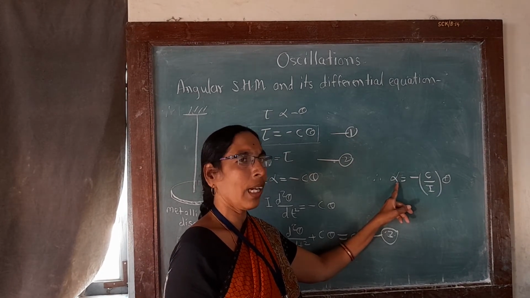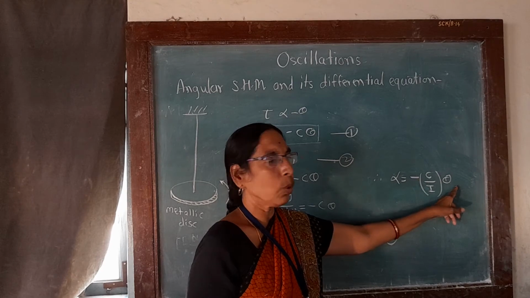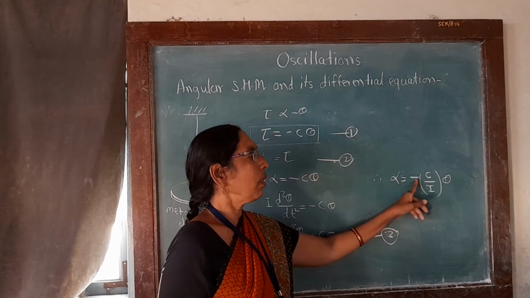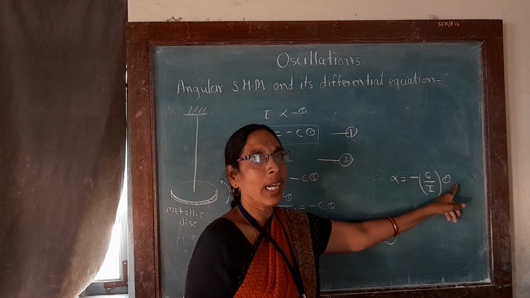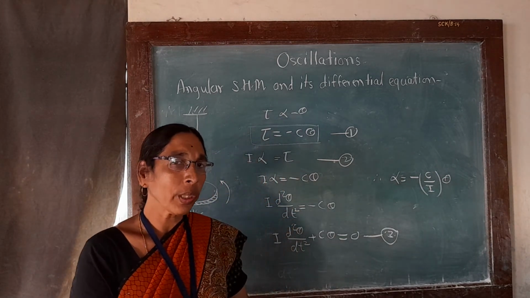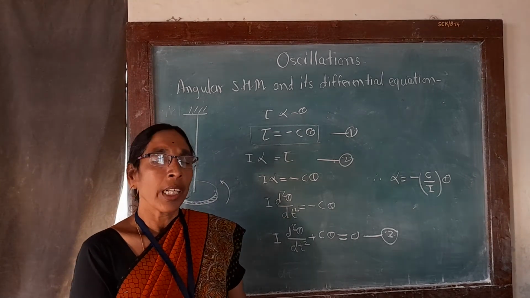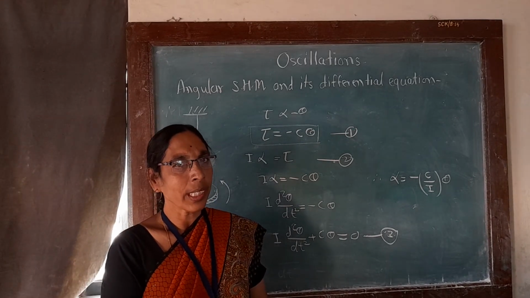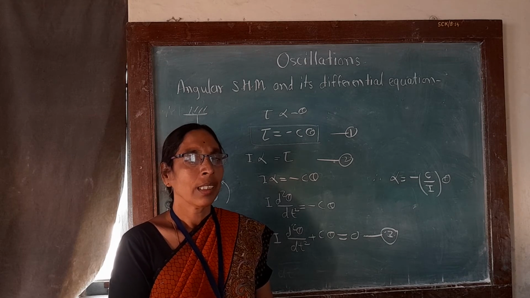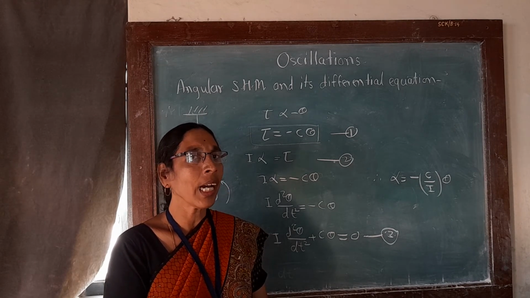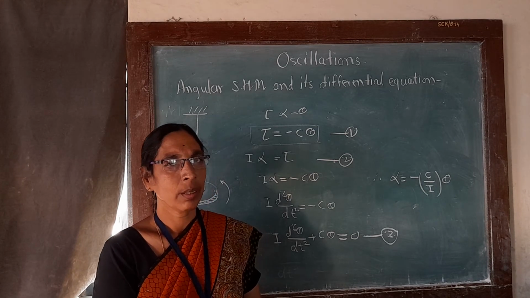Angular acceleration alpha is directly proportional to theta and the negative sign indicates alpha and theta are oppositely directed. So in short, in angular SHM, restoring torque or angular acceleration is directly proportional to angular displacement and they are opposite in direction.